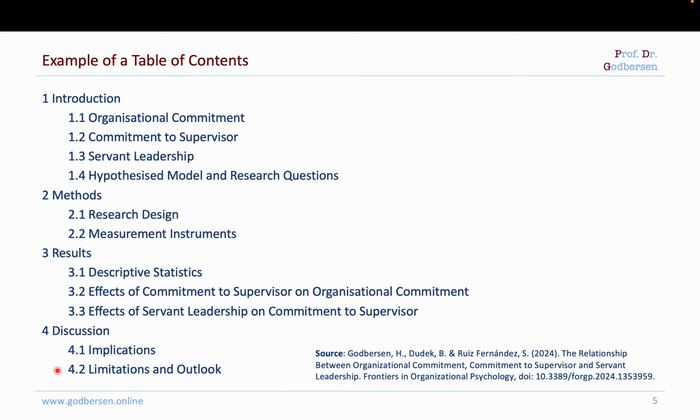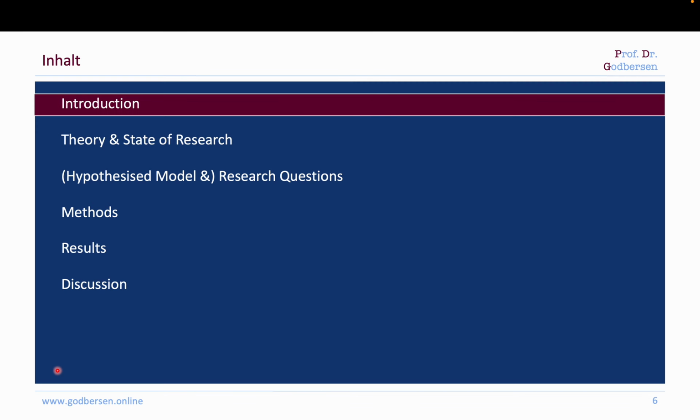So much for this section, or the first lecture, and I hope I could give you an overview of the general quality criteria and how to structure your research paper. In the next video lectures, we will go through all the sections of a research paper: introduction, theory, research question, methods, results, and discussion, with an emphasis on methods.